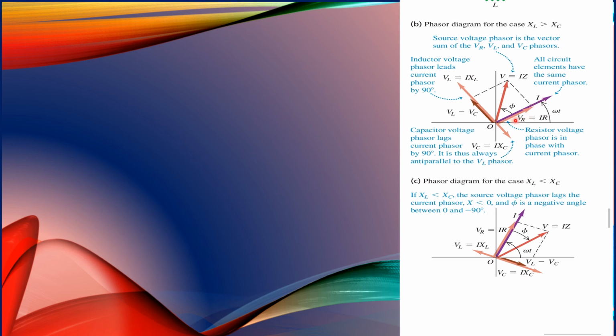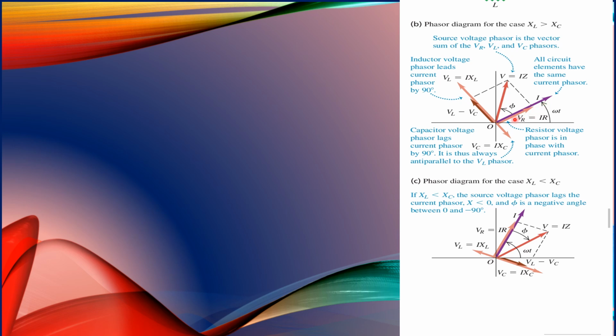So phasor V_R is in phase with the current. That means the angle between them is zero. The angle between the current phasor and the V_R phasor is equal to 0 degrees.